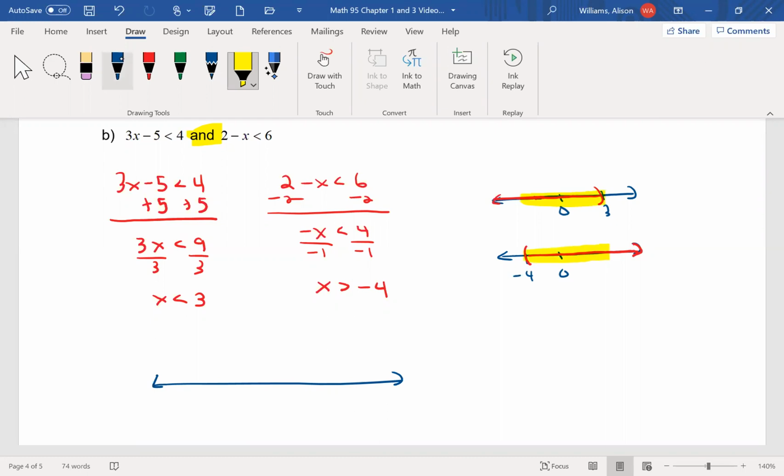So my final graph is going to be 1, 2, 3, 4. There's -4. 1, 2, 3. There's +3. And there are parentheses shading in between them. In interval notation, that would be from -4 with a parenthesis, comma, 3 with a parenthesis.